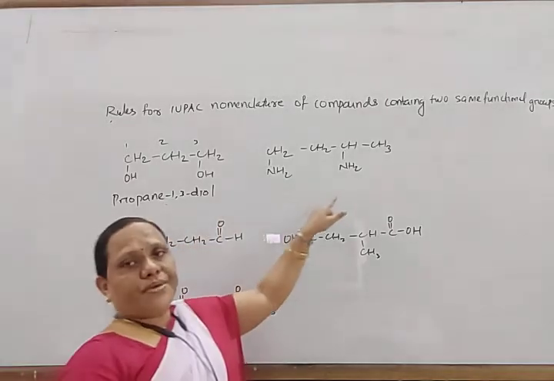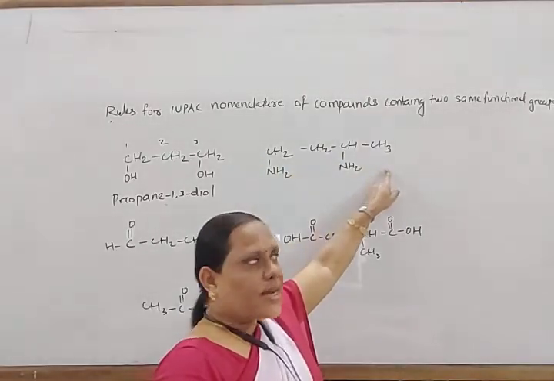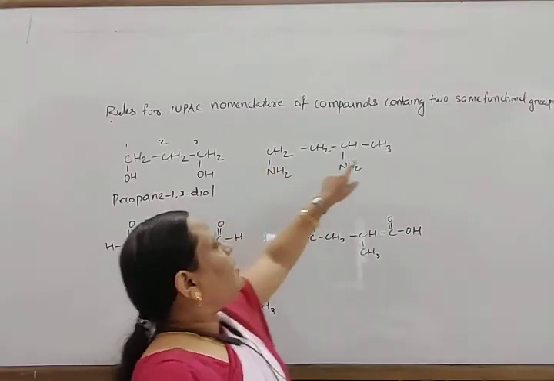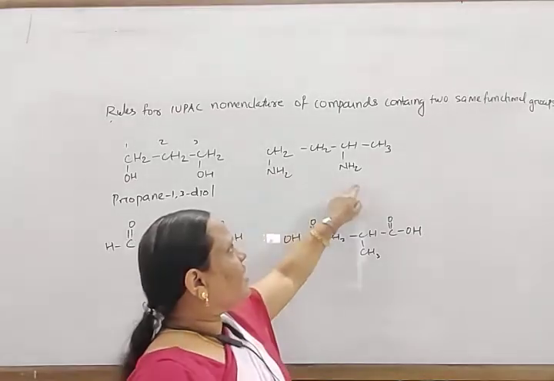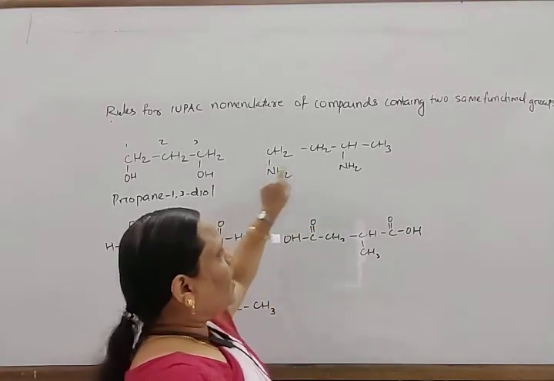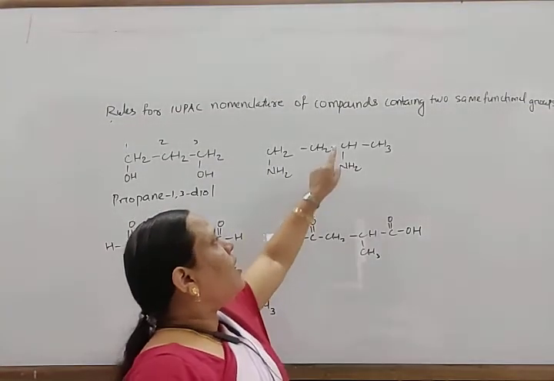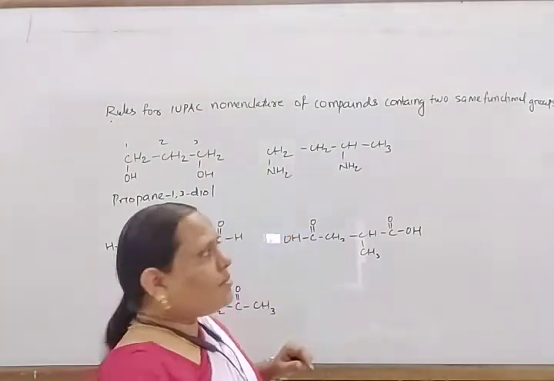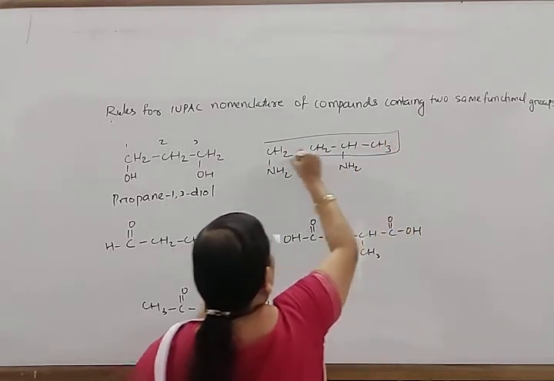Next come to here. Okay. So there is a 1, 2, 3, 4 carbon atoms long chain. Here also 4. If you count from this side, this is the position 1 and 3. If you count from this side, this is the position of NH2, that is 2 and 4. In this way, we have to choose. This is the long chain and this is the long chain.